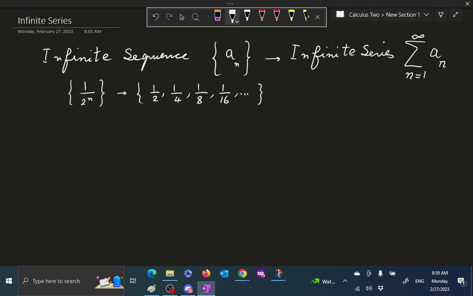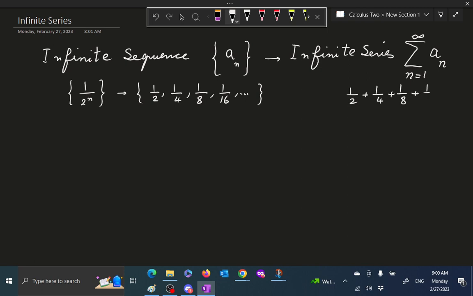And we read this as the sum of a sub n, n starting at 1 and going to infinity. In this case, we are investigating what would happen for this sequence of 1 over 2 to the power of n. We are investigating what happens if you attempt to add them up.